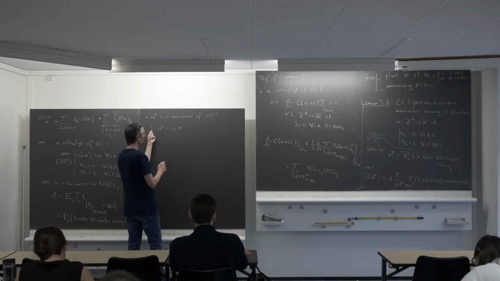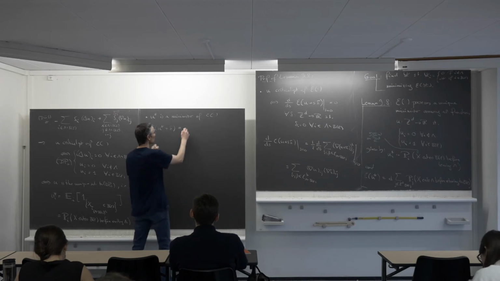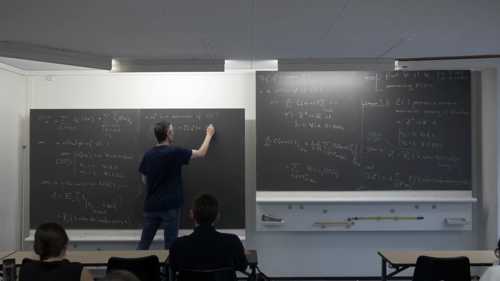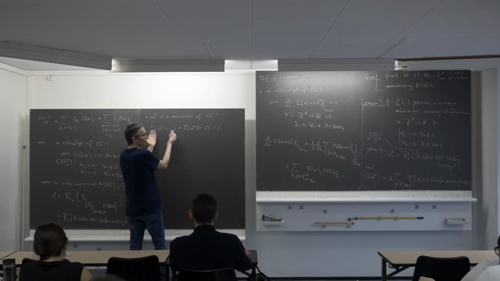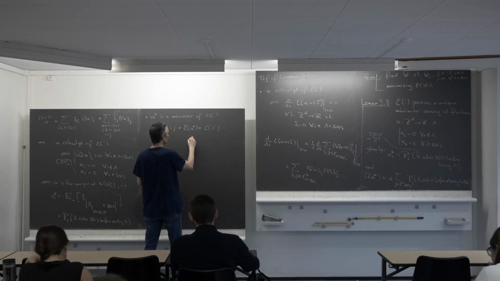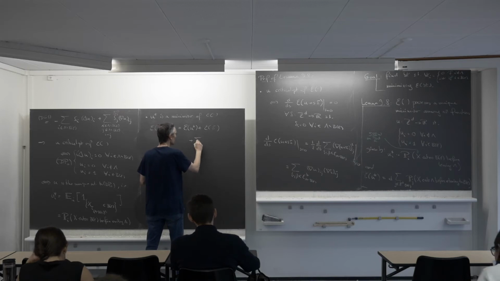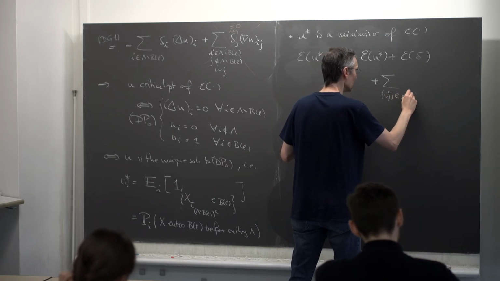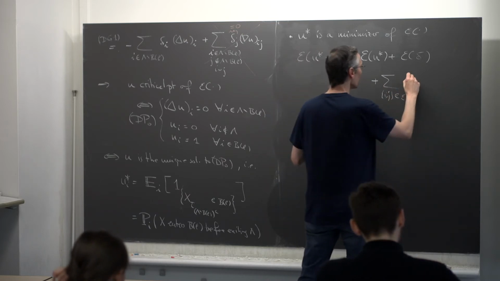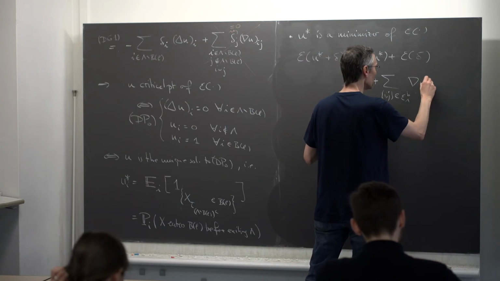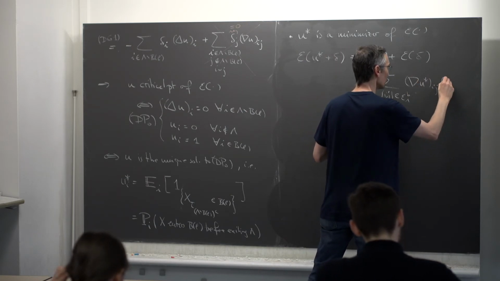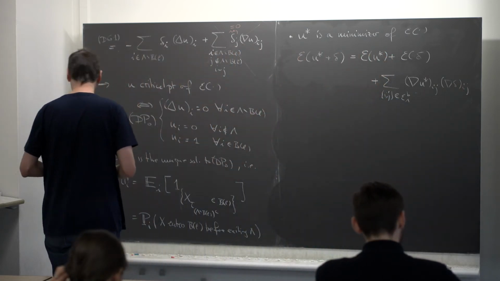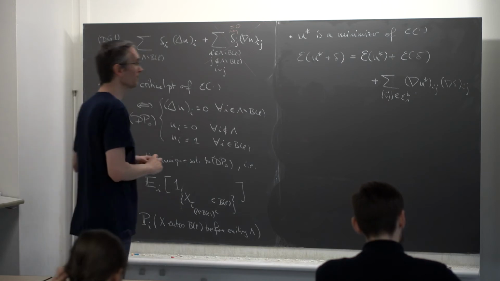If you look at the definition of this Dirichlet energy, it's immediate that this is equal to the energy of U star plus the energy of delta, because it's a square. When you expand the square, you get this plus an additional term, which will be the sum over all ij in E lambda minus BL of gradient U star ij gradient delta ij. It's just an identity. You just expand the square and you get that.